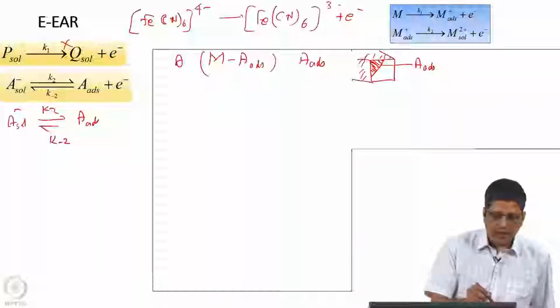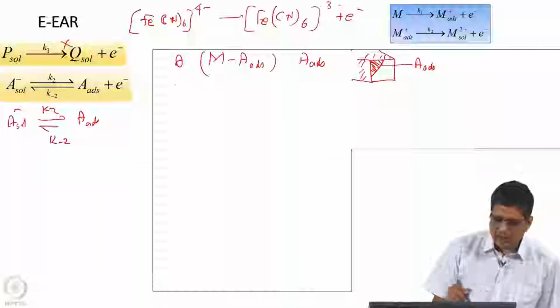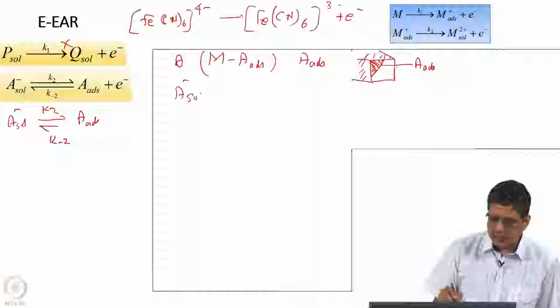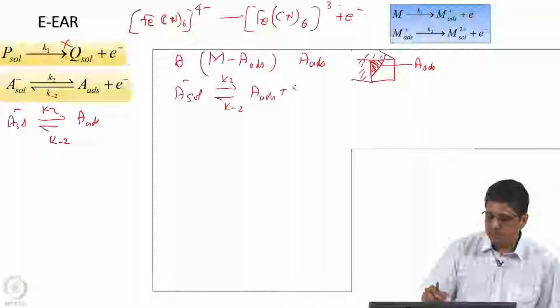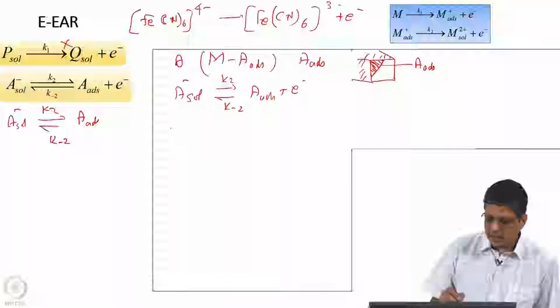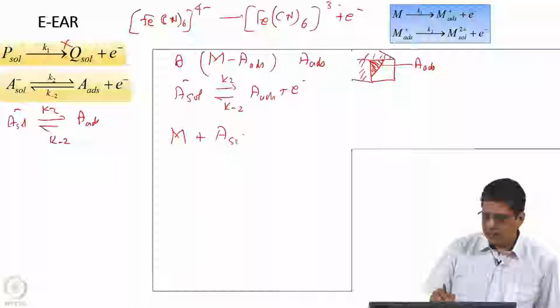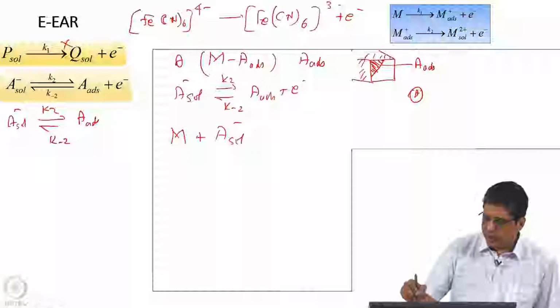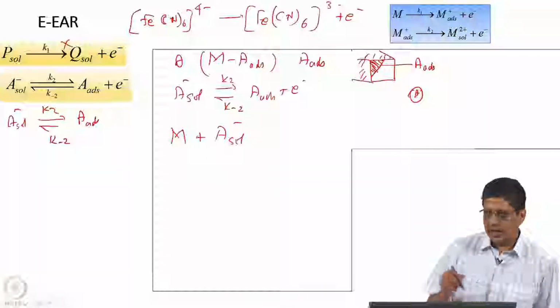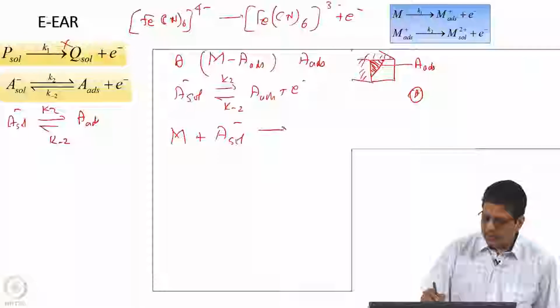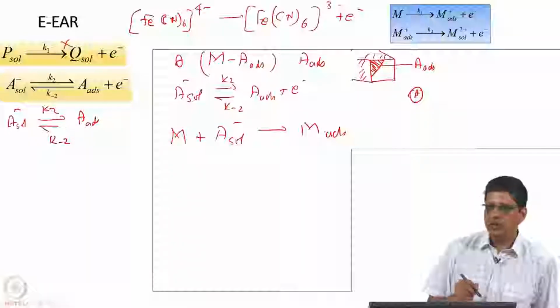So, if I want to write this in detail, whatever reaction I have written here in shorthand, A in solution, with K 2 and K minus 2, forms A adsorbed and releases an electron. I should actually write a vacant site, and so A minus in the solution will go and sit on a vacant site and release an electron. Only then is it going to convert the vacant site to an occupied site. So, it is going to increase theta.